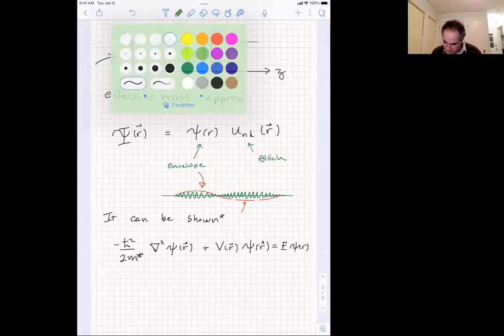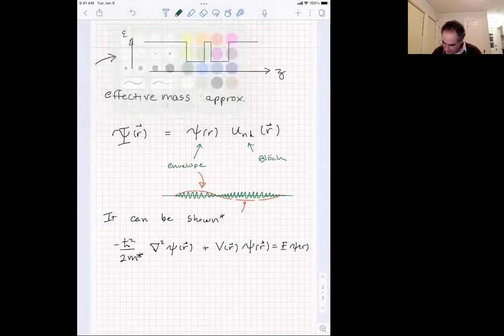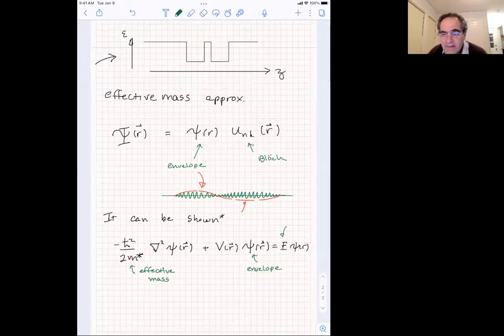Here, the wave function that enters into this equation is the envelope, not the entire wave function. And along with that, the mass that enters in is the effective mass. Okay? And finally, the energy here is the energy relative to the band edge.